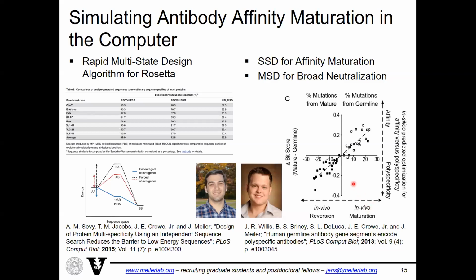And the conclusion from this particular experiment is in part that germline antibodies are in part optimized to bind to multiple target proteins.